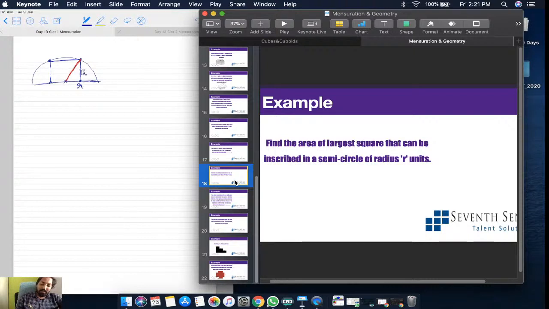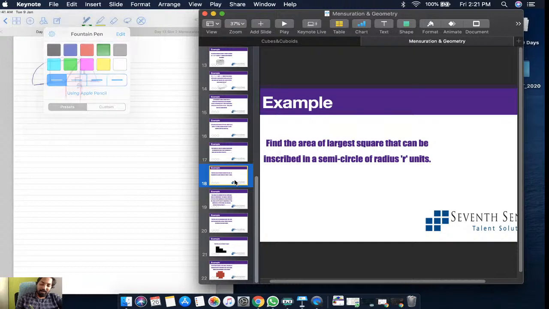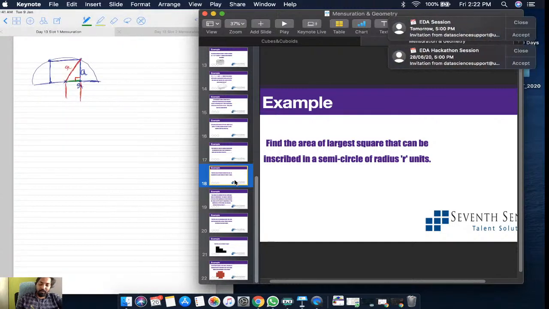And let's say this is A and this is R. So doesn't this look like a right angle triangle? What is this green line?